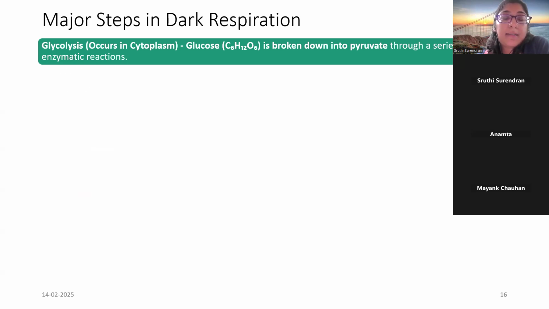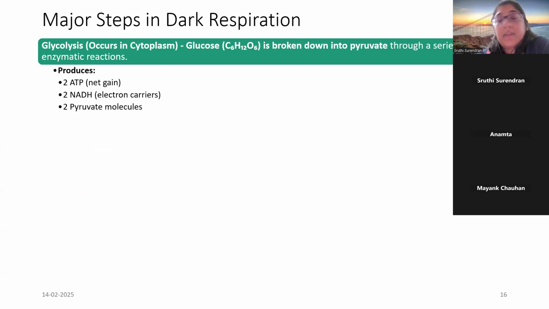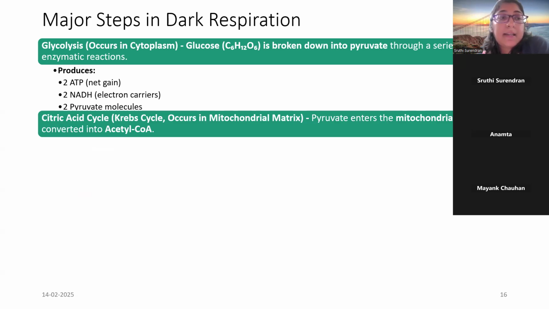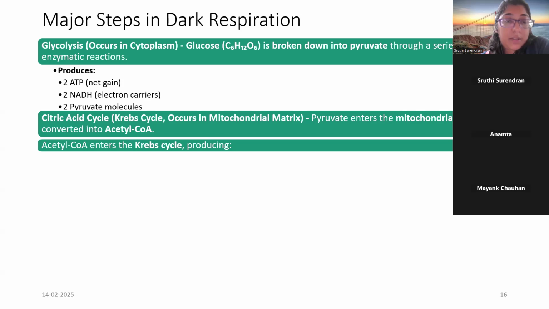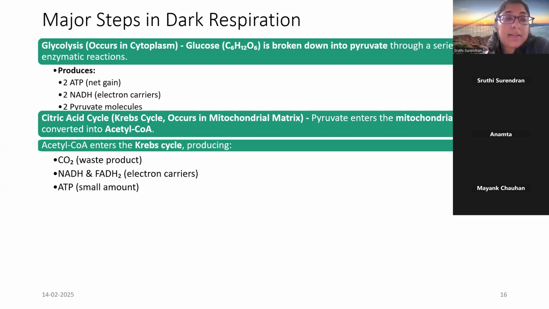So it occurs in three series: glycolysis, happening in the cytoplasm, where glucose is broken down. Then there is the Krebs cycle occurring in the mitochondria, which releases carbon dioxide and produces some other energy products.